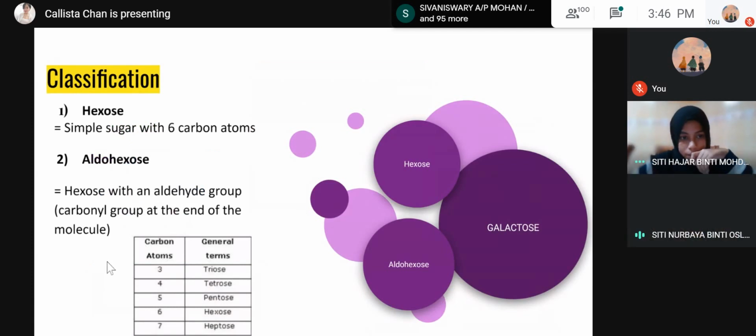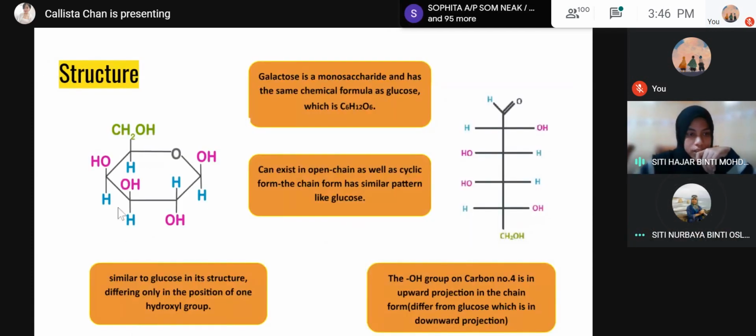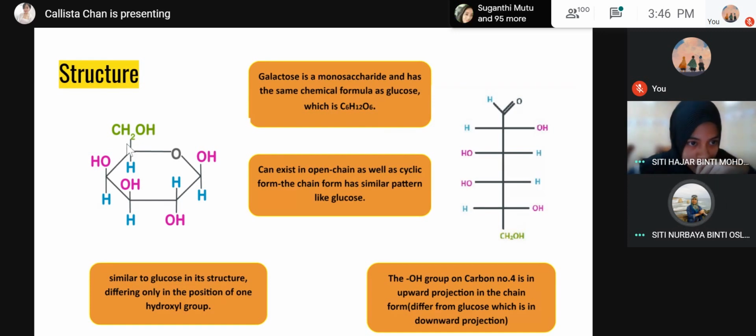Again, where is carbon number 1, 2, 3, 4? Carbon number 1 is at the CH2OH. Then carbon number 2, from the left, number 3 down, number 4, and number 5. Number 5 is the most right position at the ring structure. So the green CH2OH is carbon number 6, right?